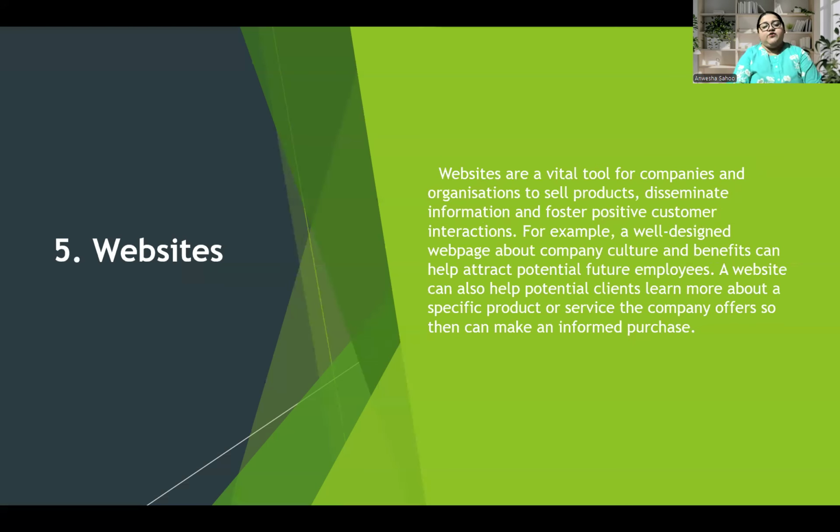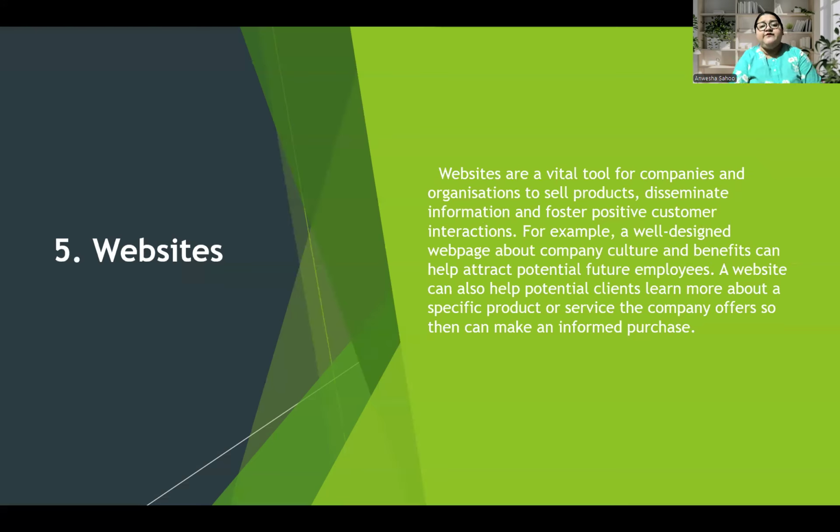Next is websites. Websites are a vital tool for companies and organizations to sell products, because to authenticate your company, you should have a website to show all the information to the consumers, because it creates positiveness in consumer interaction.